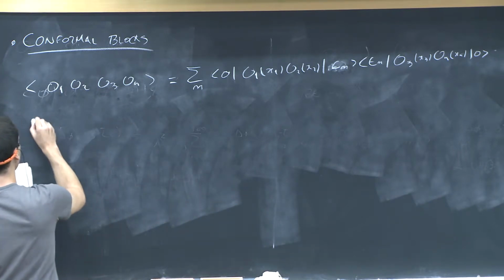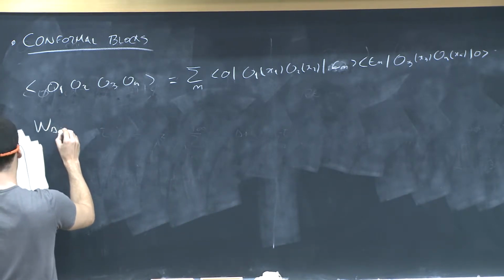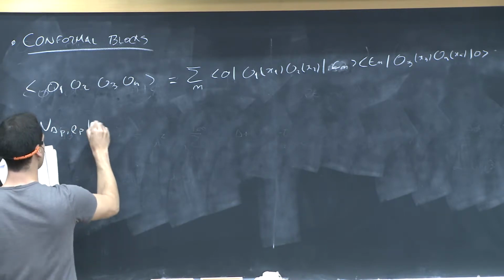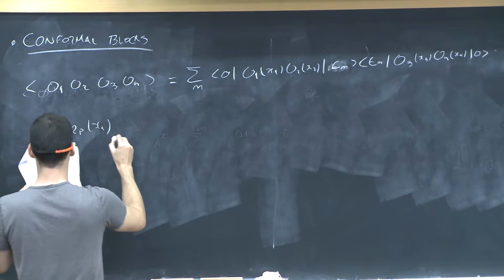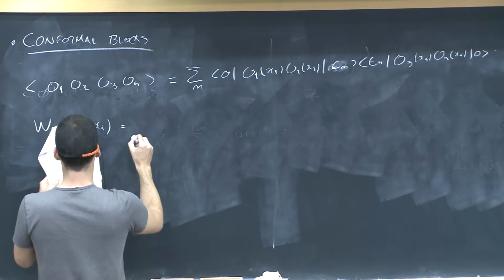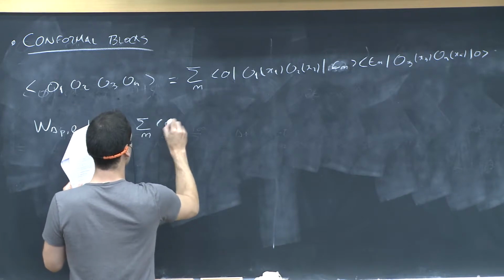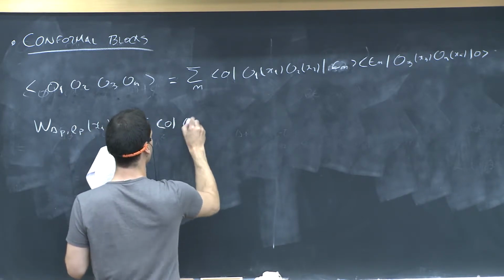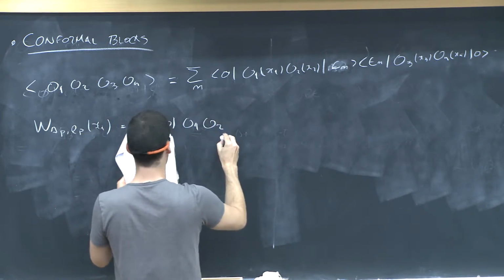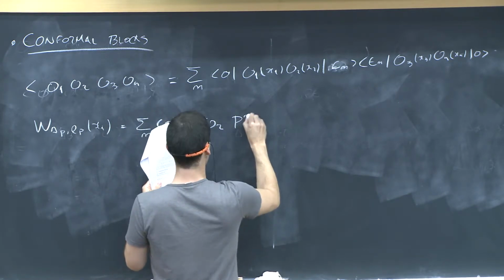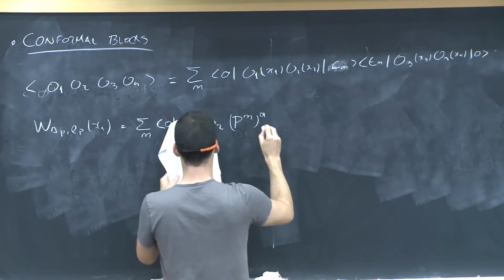In that case, it's useful to define something called the conformal partial waves, which we can write as a sum over n, with O1, O2, and then Pn.